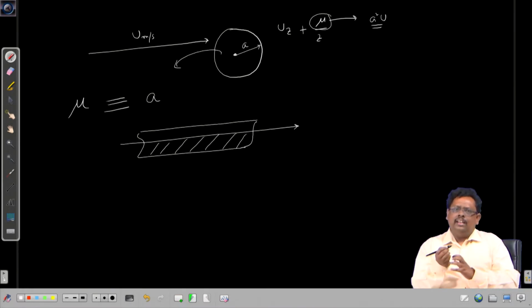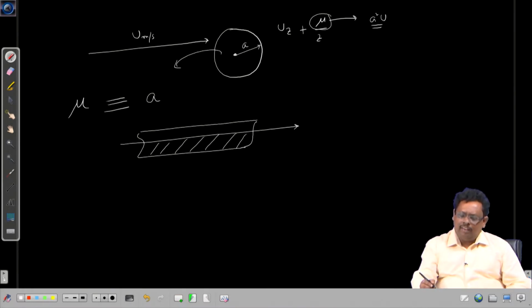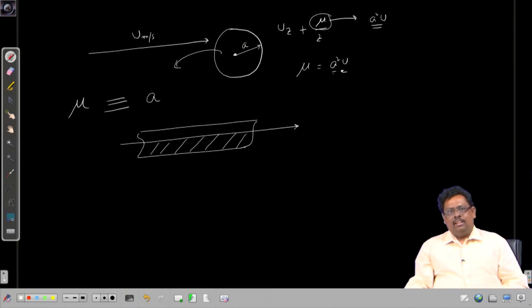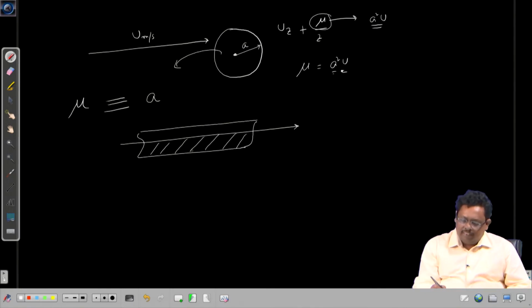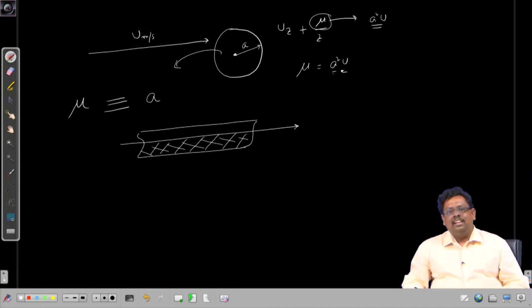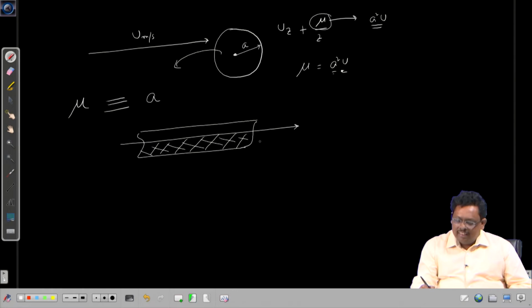So, the idea is, in case of a cylinder, I put a doublet at the centroid or center of the cylinder with a strength mu equal to a squared into U, where both are known to me. If I try to find the pressure field along this hull, then what would be the distribution, right?